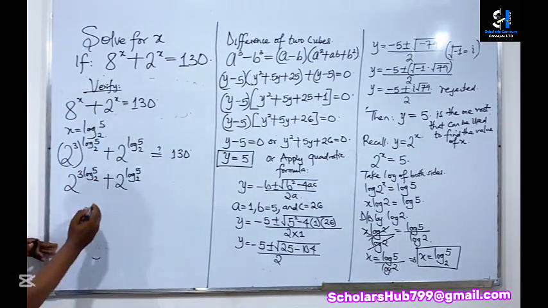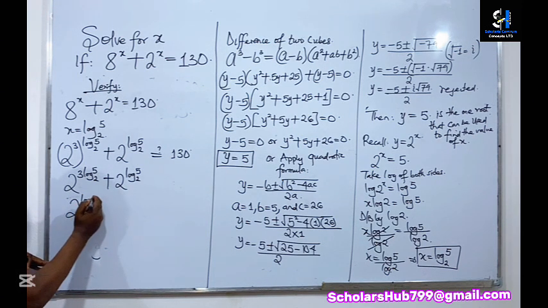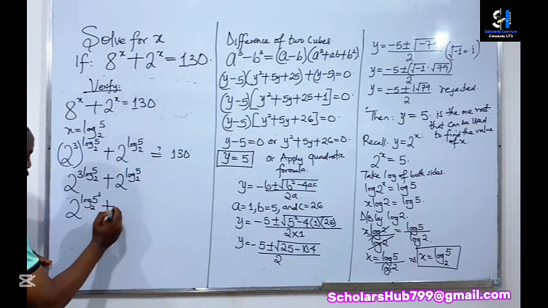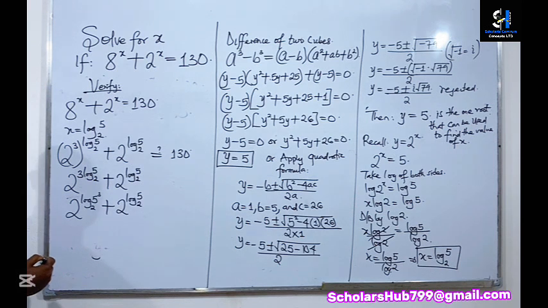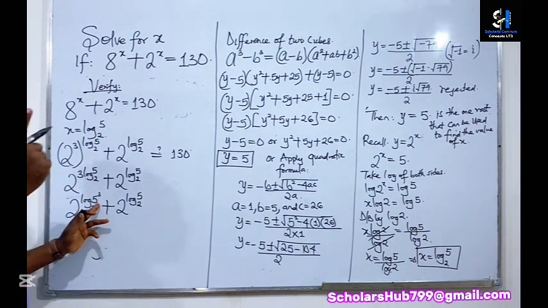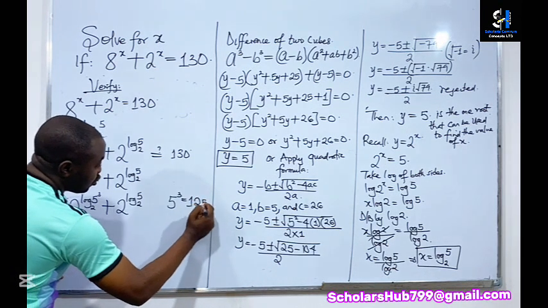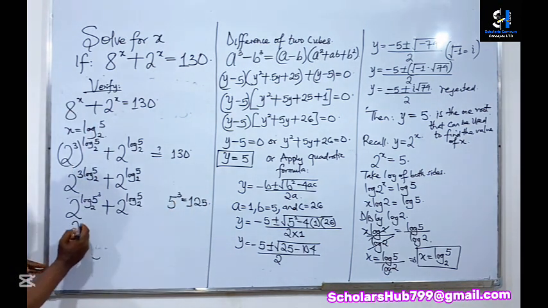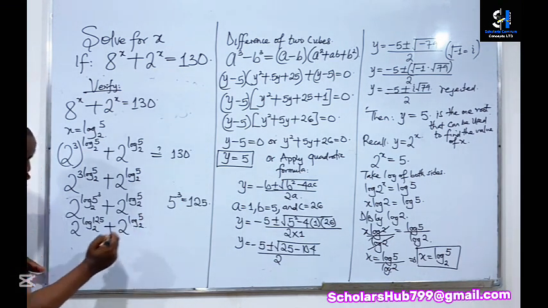So this will be 2 raised to the power of log 5 raised to the power of 3, to base 2, plus 2 raised to the power of log 5 to base 2. Now 5 raised to the power of 3 is 125. So we can then write 2 raised to the power of log 125 to base 2 plus 2 raised to the power of log 5 to base 2.